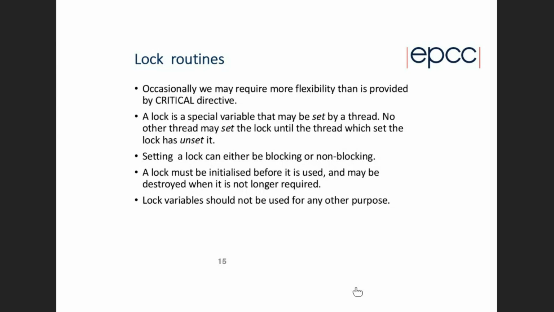In OpenMP, setting a lock can either be blocking or non-blocking. So a thread can either attempt to set a lock and wait until it's available, or it can attempt to set a lock and return immediately with a true or false value as to whether the set succeeded or not.